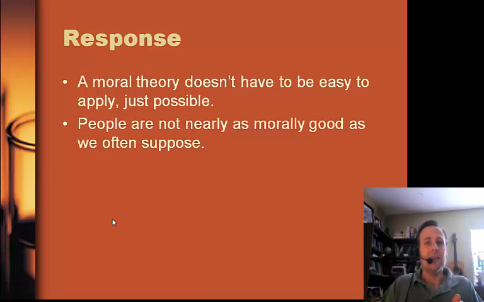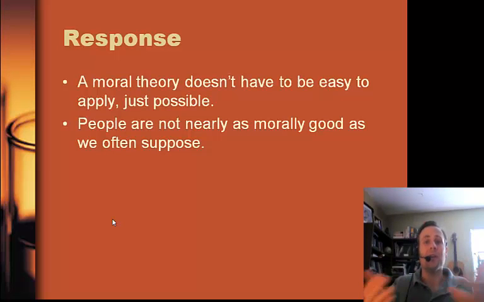Then the question is, even if nobody does the right thing, as long as it's possible to, the moral code seems perfectly good. Right? A moral code can't ask us to do the impossible, but the rightness or wrongness of a moral evaluation has very little to do with whether or not people actually follow it.